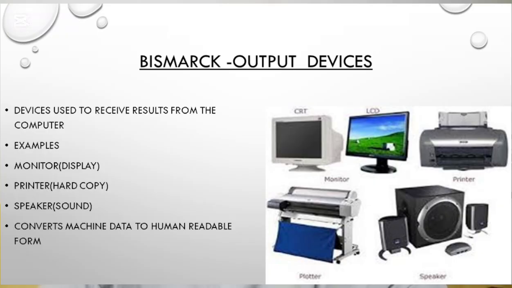A printer prints out the information that has been displayed by the monitor. Speakers produce sound. So the output devices help us communicate better with the computer by showing us what the computer is thinking or giving us a result after the computer has processed.